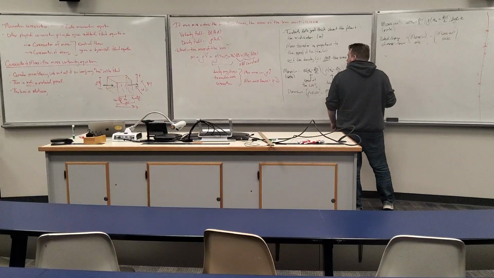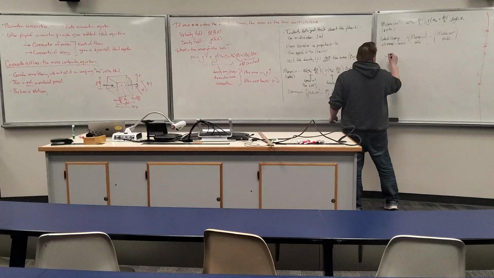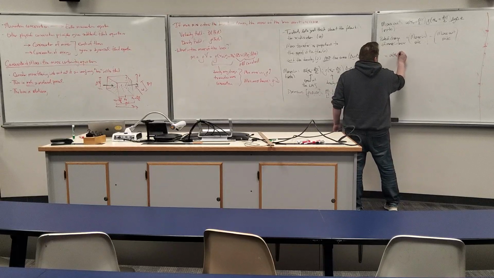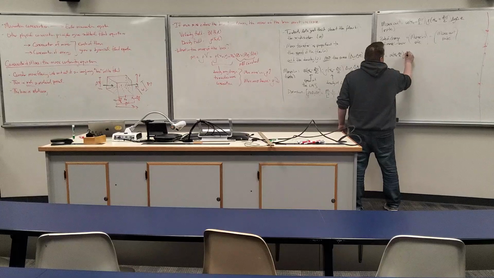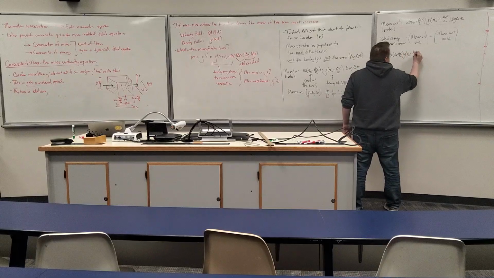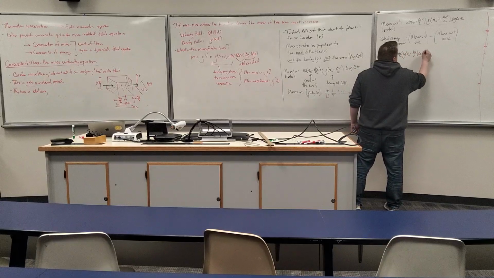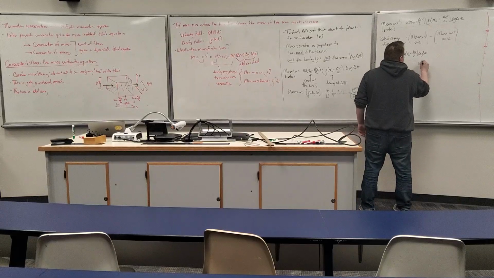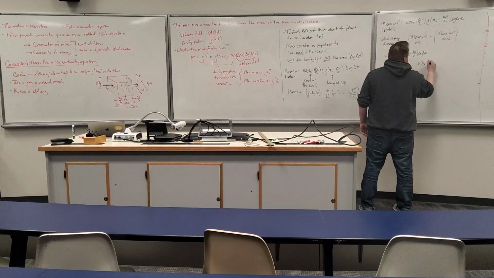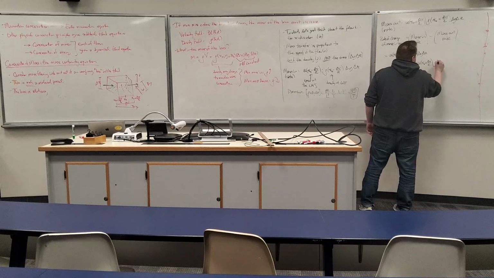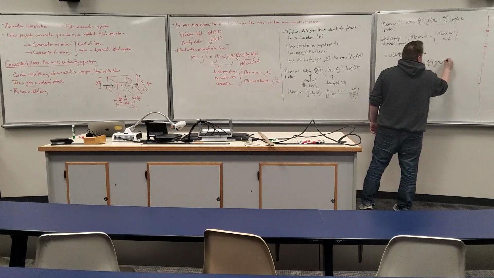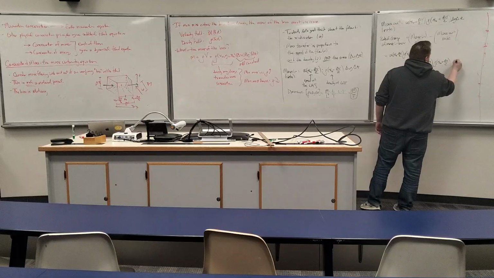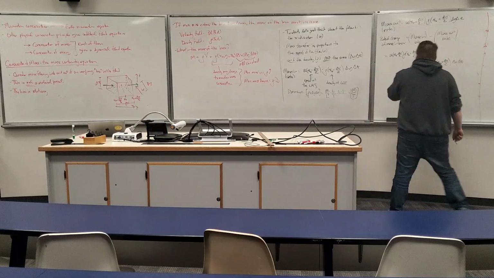Our mass in was u of x naught minus delta x over 2 times rho of x naught minus delta x over 2 times delta y delta z, minus u of x naught plus delta x over 2 times rho of x naught plus delta x over 2 times delta y delta z.